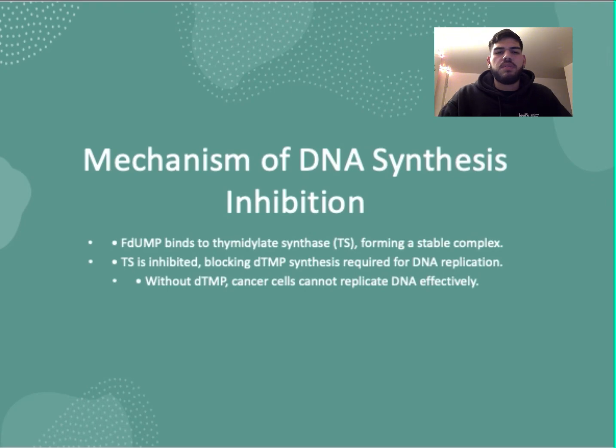TS is responsible for converting dUMP into dTMP, a precursor for thymine nucleotides, which are essential for DNA replication. When FdUMP binds to TS, it forms a stable complex that prevents the enzyme from functioning.